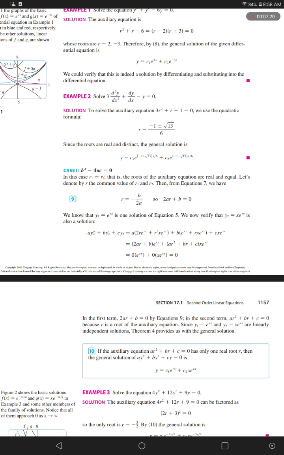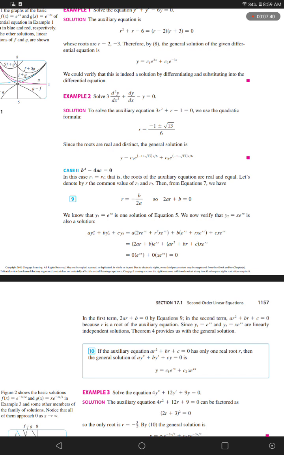Since y sub 1 equals e to the power rx and y sub 2 equals x times e to the power rx are linearly independent solutions, Theorem 4 provides us with the general solution. Equation 10.